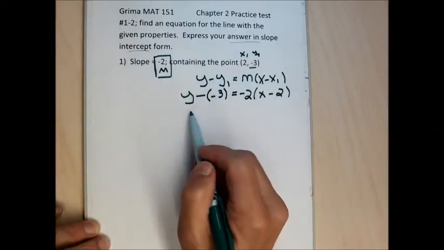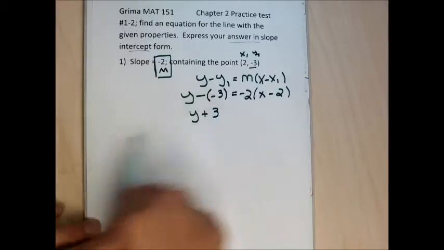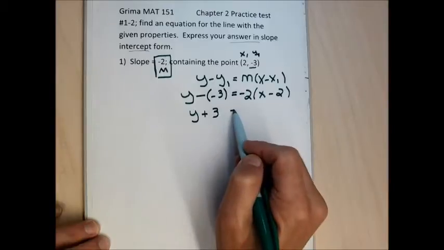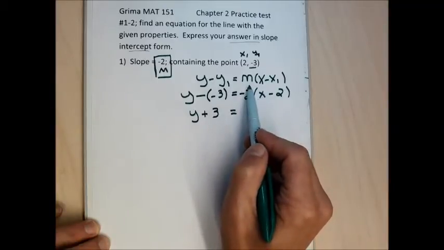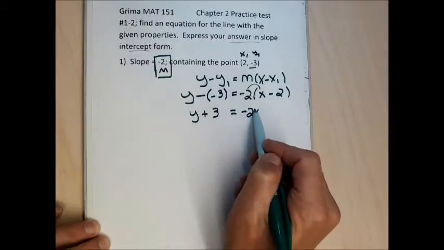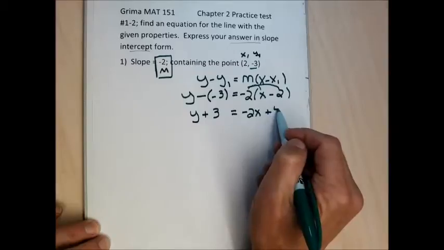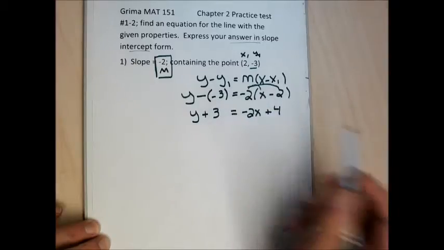So I'm just going to solve it for y by clearing any parentheses and then getting the y by itself. On the left side, the double negative becomes a positive. On the right-hand side, to clear the parentheses, I go negative 2 times positive x, which gives me negative 2x. And then I do negative 2 times negative 2, which gives me positive 4. I almost have the equation solved for y.